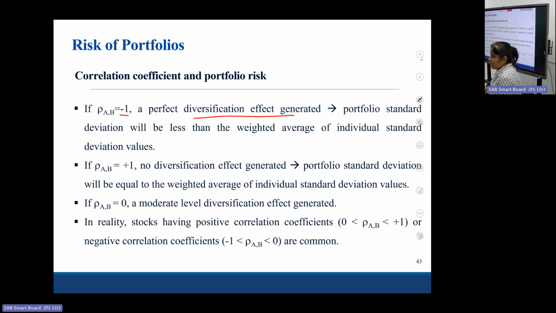So you can assess that simply by calculating the weighted average standard deviation value. Normally, when the correlation coefficient is negative, our portfolio standard deviation is less than the weighted average standard deviation value. That is the norm, the benchmark.